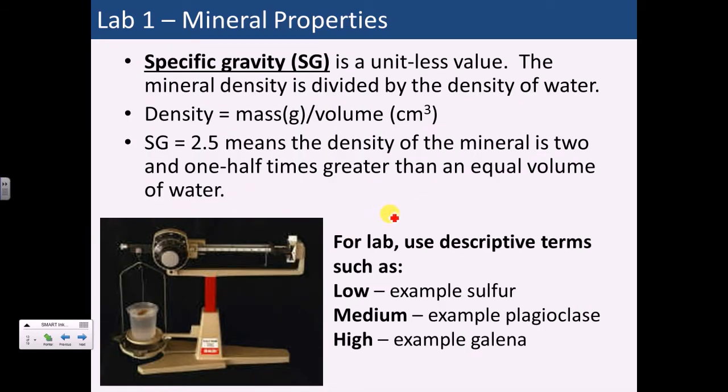Okay. One of the things you're going to have to do for all of these samples is to evaluate the specific gravity of a mineral. Now, specific gravity is the density of a mineral, and density is mass divided by volume measured in grams per cubic centimeter. So here's your grams per cubic centimeter. It's going to be the density of the mineral divided by the density of water.